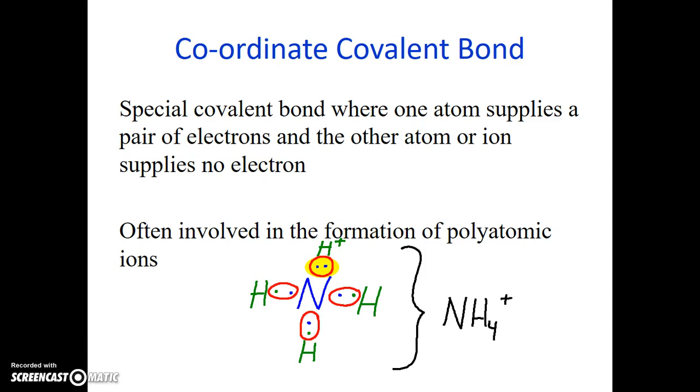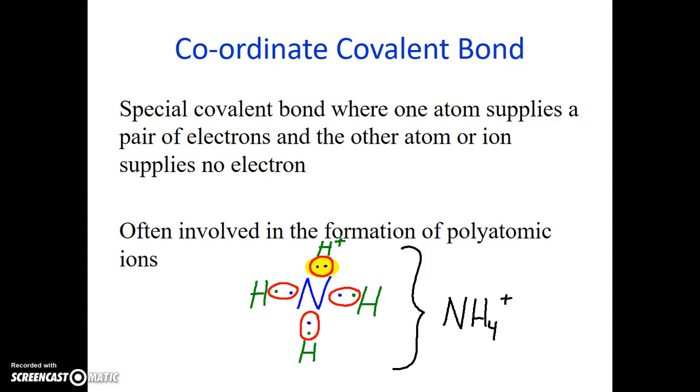It is often how many of those polyatomic ions form their covalent bonds between the different parts and hold the parts of the polyatomic ion together. For example, in NH4 positive, which is the ammonium ion, nitrogen in the middle, again, has 3 single valence electrons, and nitrogen has a pair of valence electrons in its s orbital.